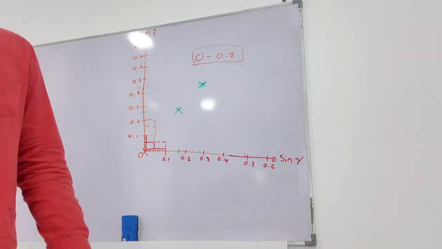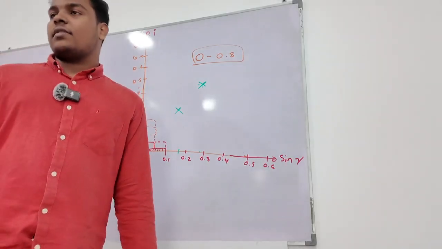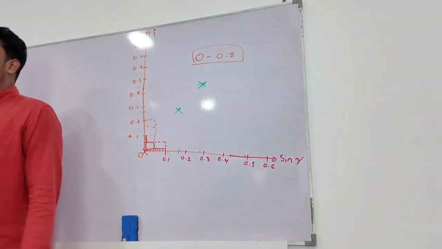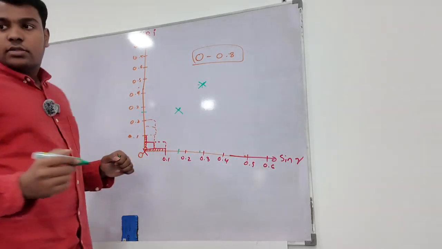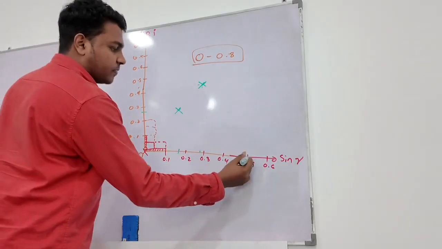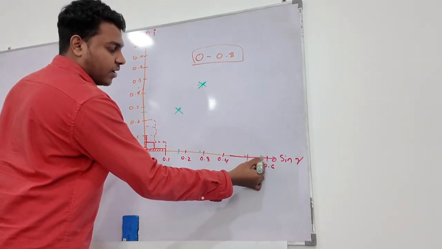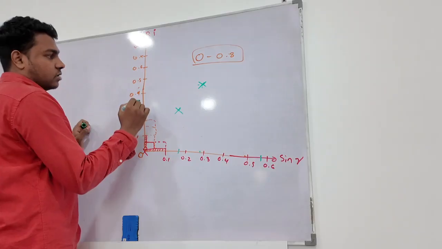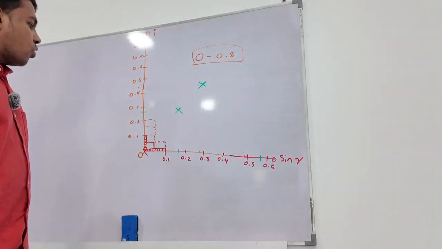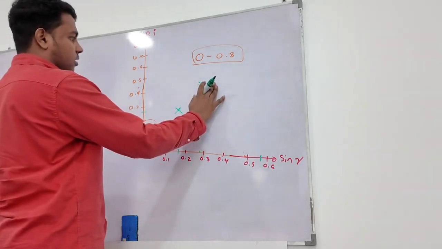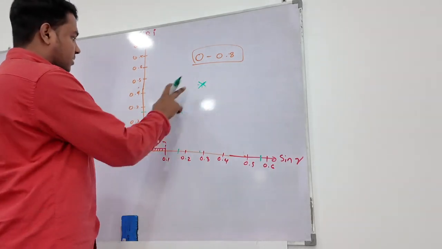Then 0.57. What is the sin R value for 0.57? 0.37. So 0.57 is somewhere here, and 0.37. Is this point correct?